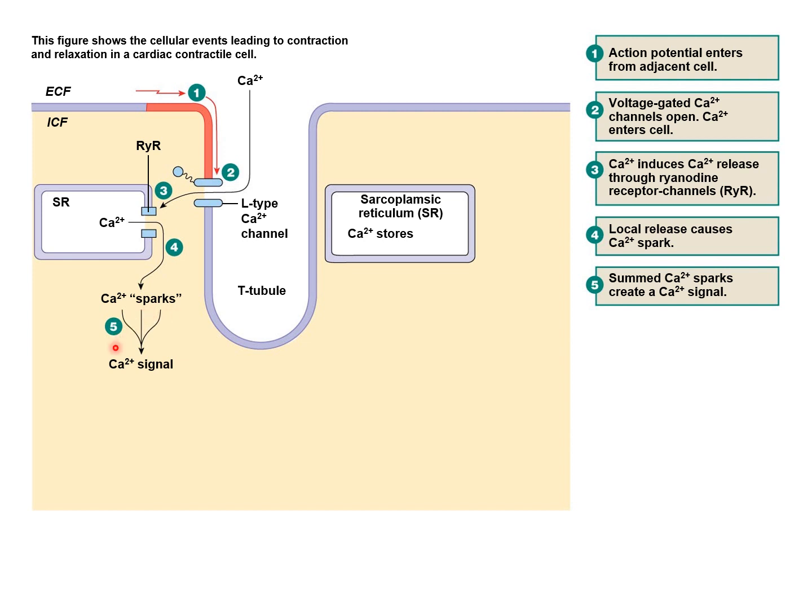That large calcium wave is a summation of these sparks. It causes a positive reinforcement. More calcium causes more RYRs to open, more calcium, more RYRs, more calcium, more RYRs, and we get this large calcium wave inside the cytoplasm of the contractile cell.